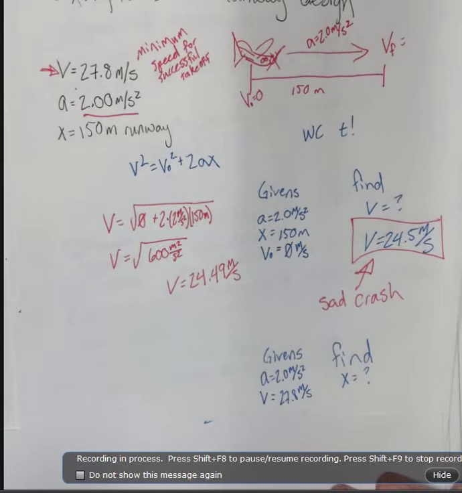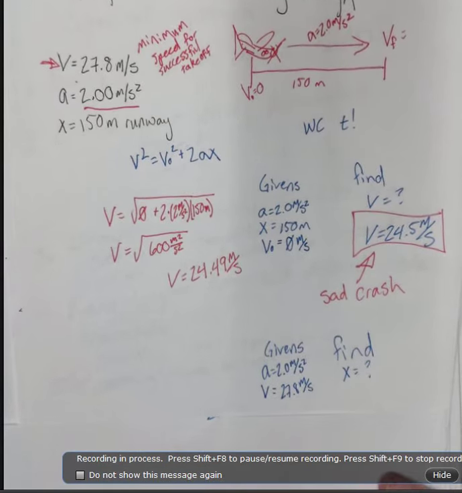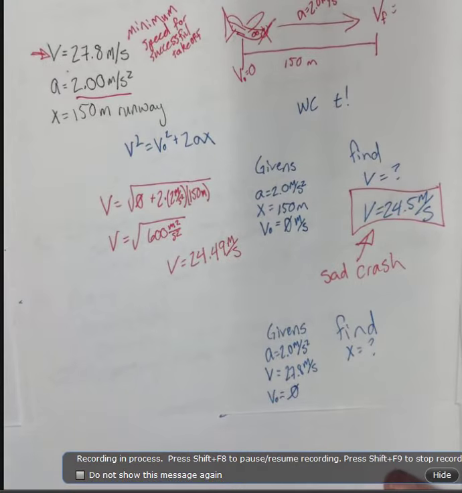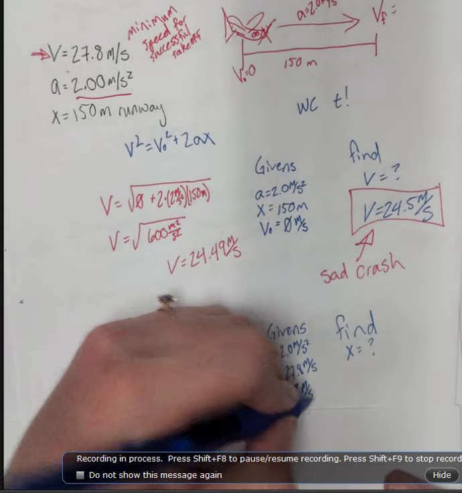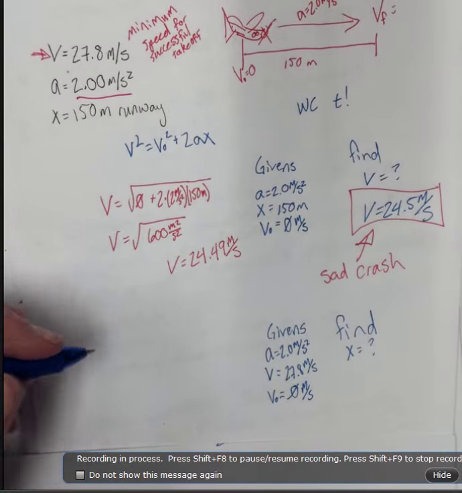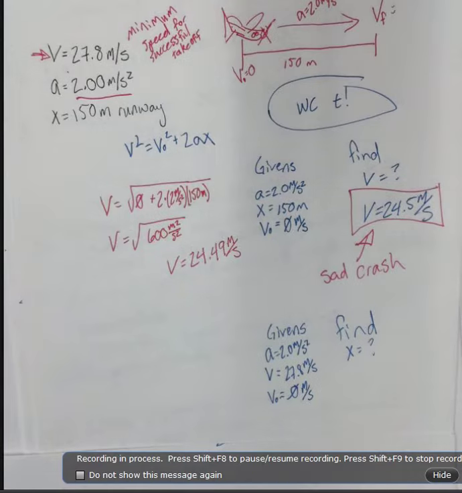That's the minimum speed for successful takeoff, and it's starting from rest because that's how all planes start. What will the position be? And we still could care less about the time this takes. We could find time, but we don't need it to answer this problem about how long to make our runway.